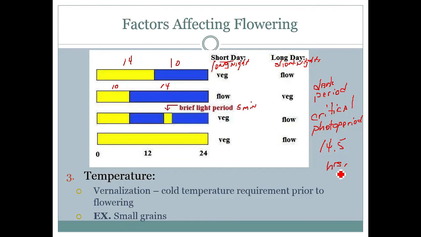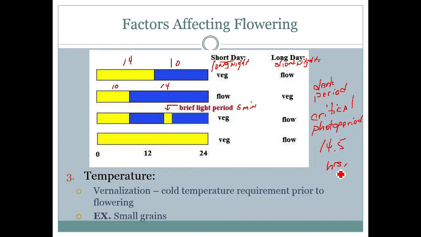Or if it has a critical photoperiod of 8.5 hours, it will flower with 8.5 hours or longer. So it is the critical photoperiod or longer in long day plants that stimulates flowering, or the critical photoperiod or shorter in short day plants that stimulates flowering.